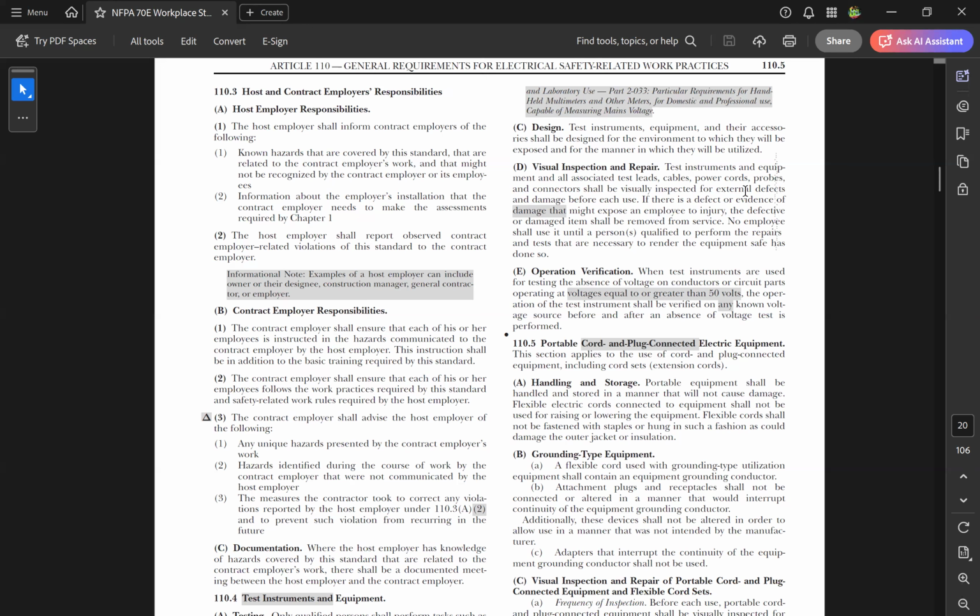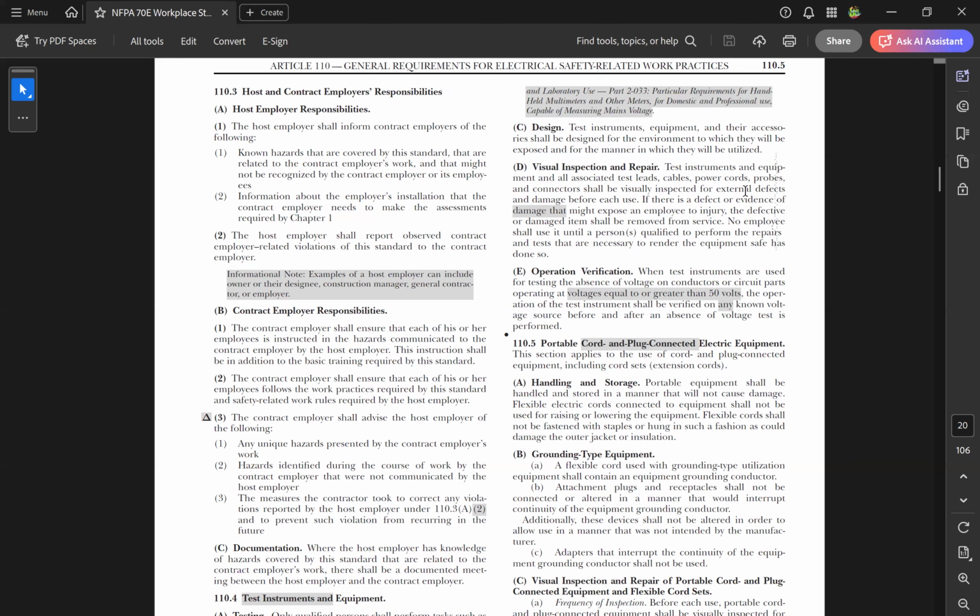Two, information about the employer's installation that the contract employer needs to make assessments required by Chapter 1. Two would be the host employer shall report observed contract employer related violations of the standard to the contract employer.